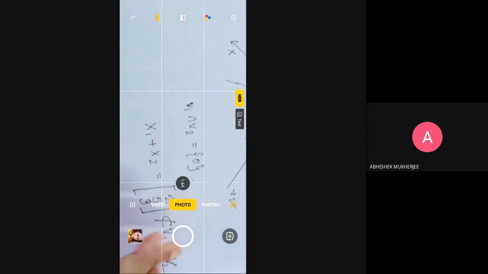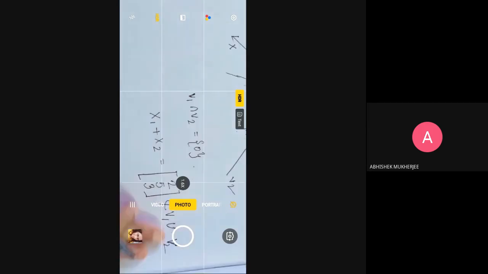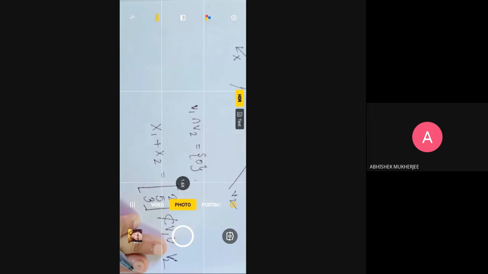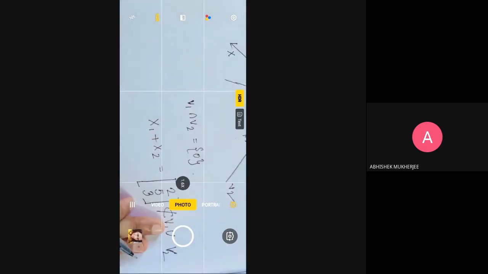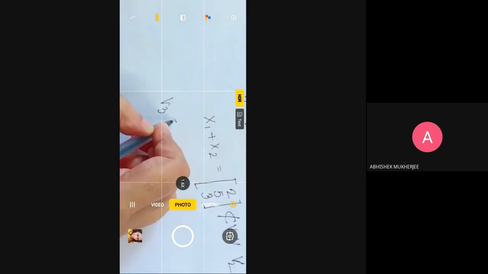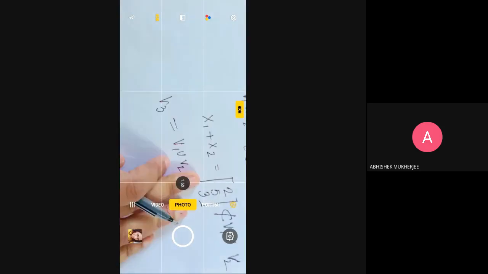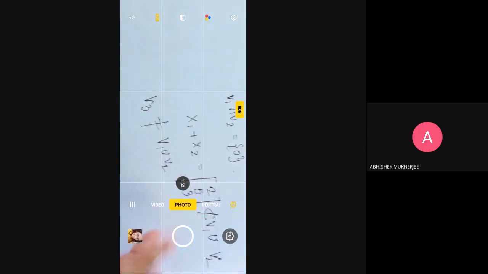That means we can't say that v1 union v2 is a subspace. So if v1 union v2 is not a subspace, then how can it be possible that v3 is equal to v1 union v2? This is impossible, so it is not equal to v1 union v2.